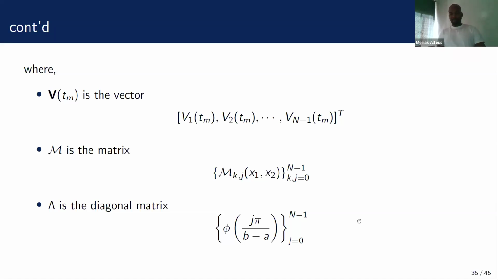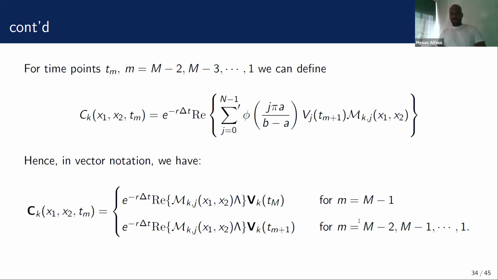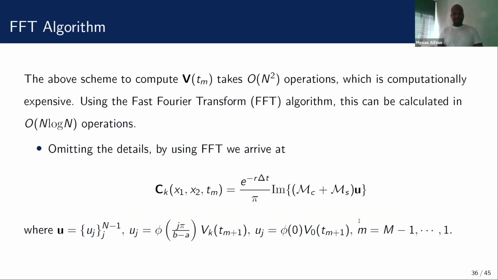Yeah, so these two are the same. You can see those are the individual C, C1, C2, all the way to C M minus 1. And then the FFT algorithm.